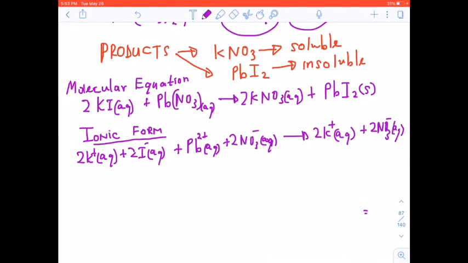Okay, I'll just put the other one here, plus PbI2 solid. The PbI2 solid is insoluble, so we cannot write it in terms of its ions, right? So that is given to you in ionic form. Okay.